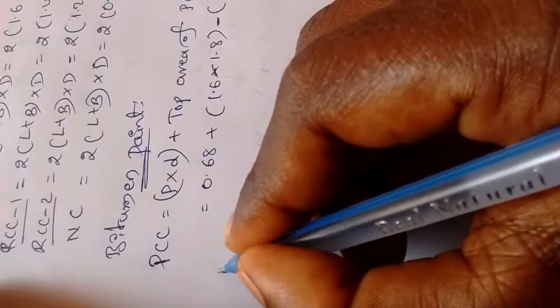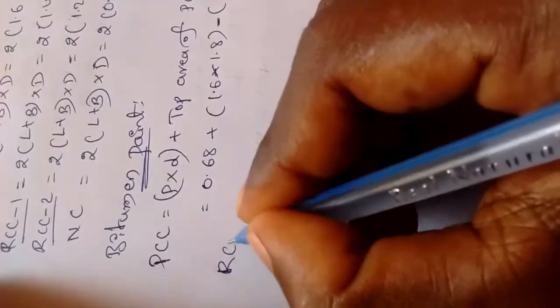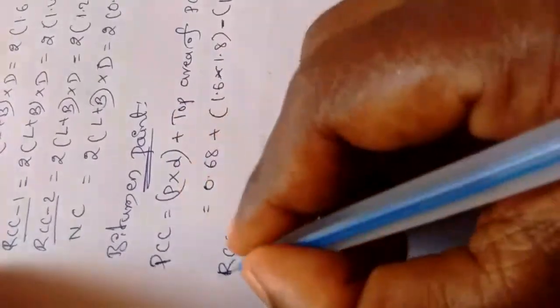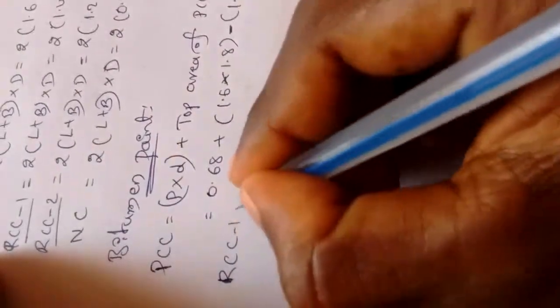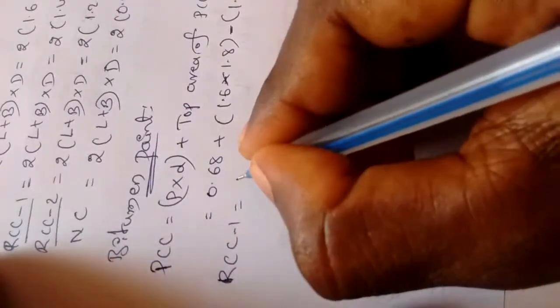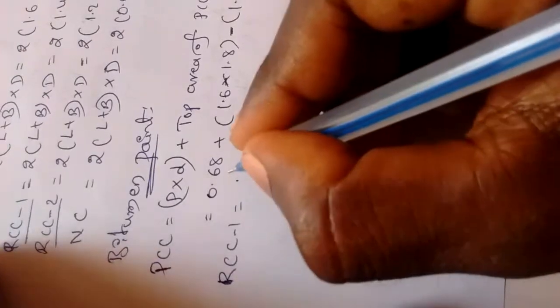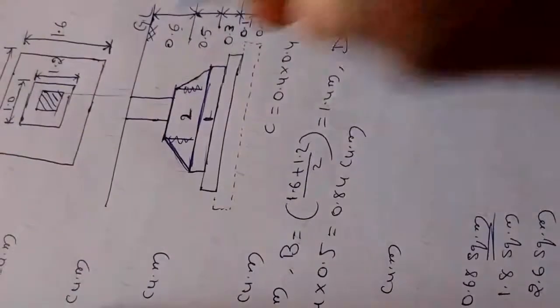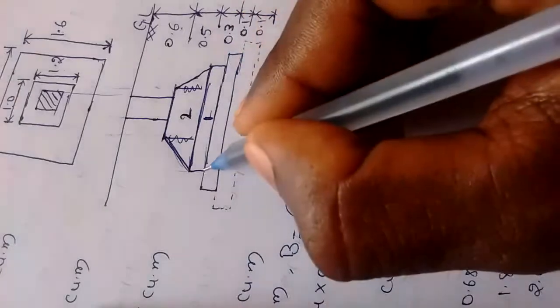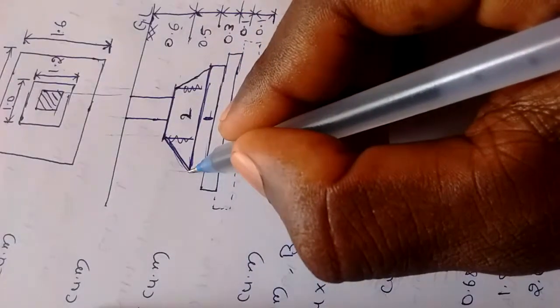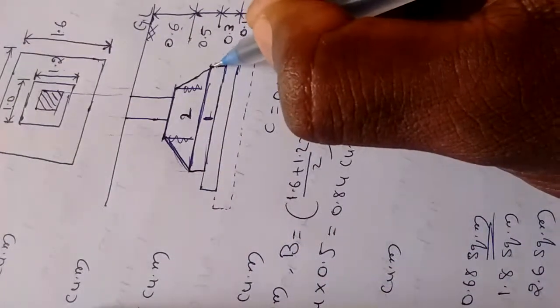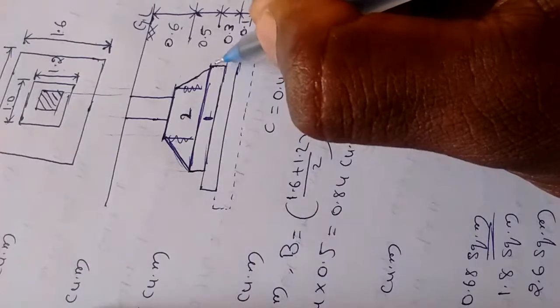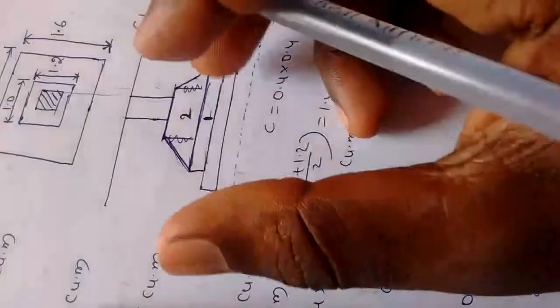Next one, RCC part 1. You see, this is part 1. Bitumen is applied only on the 4 sides of this RCC part 1.